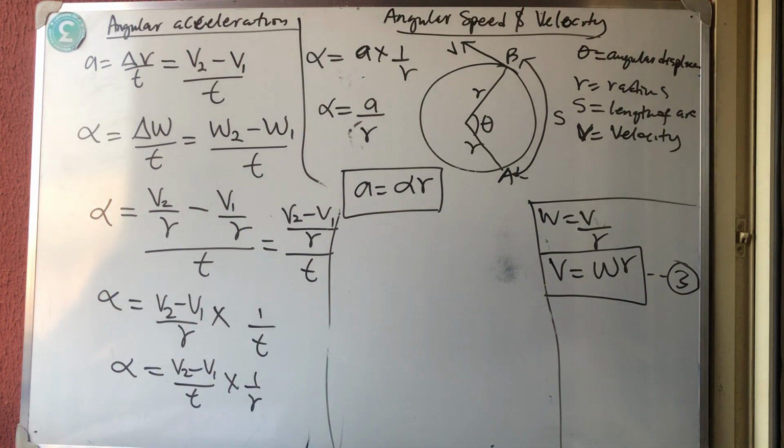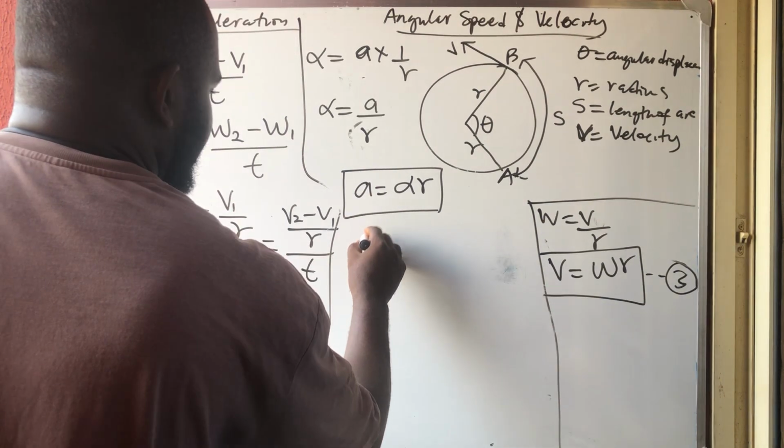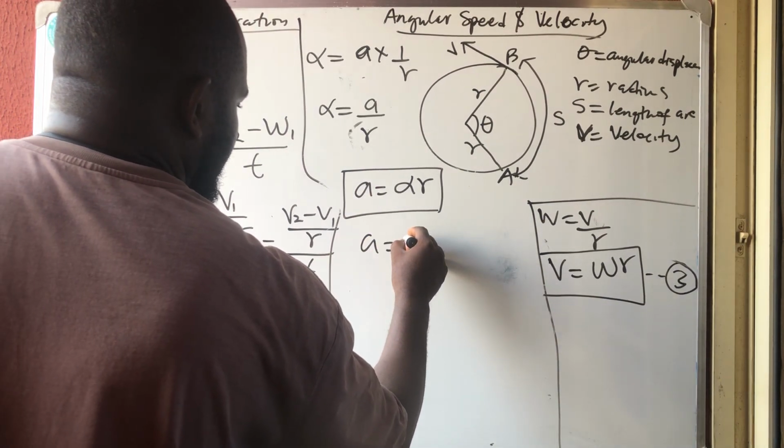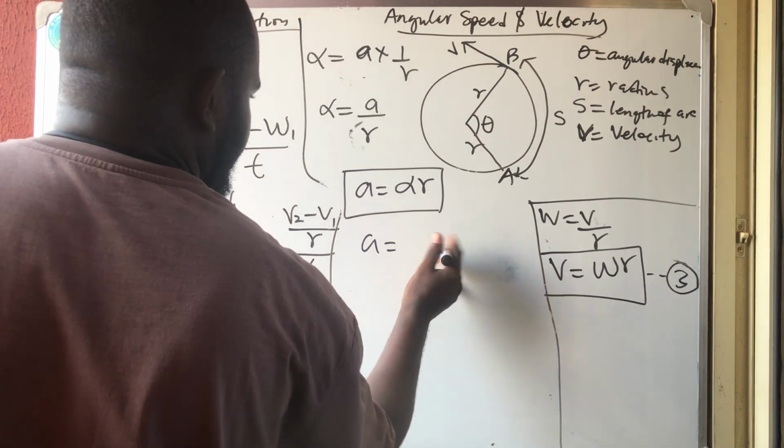From here, I'm going to have that, am I okay? But I know that my A is equal to what? Velocity, angular velocity. Okay, velocity over time.